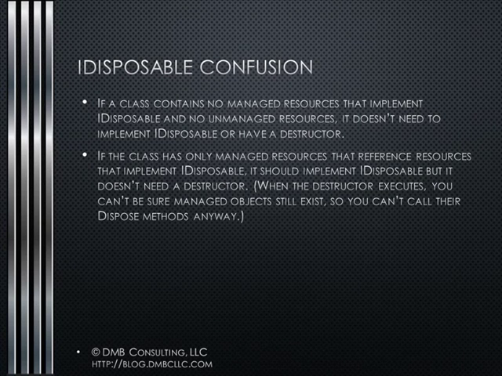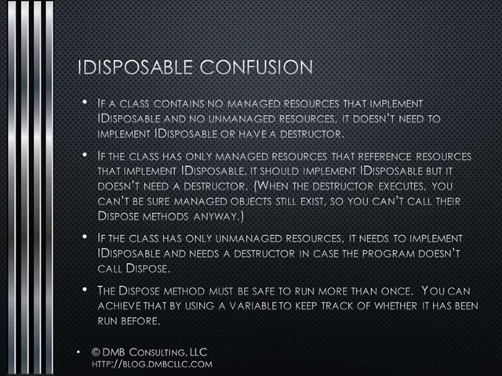If a class contains no managed resources that implement IDisposable and no unmanaged resources, it doesn't need to implement IDisposable or have a destructor. If the class has only managed resources that reference resources that implement IDisposable, it should implement IDisposable, but it doesn't need a destructor. If the class has only unmanaged resources, it needs to implement IDisposable and it needs a destructor in case the program doesn't call dispose.